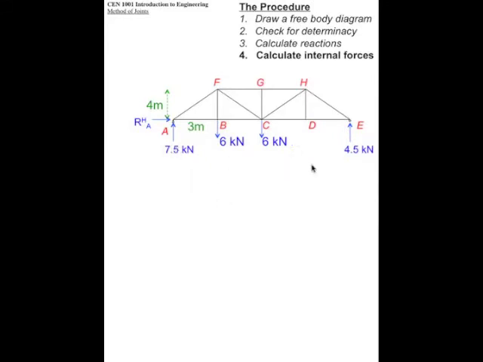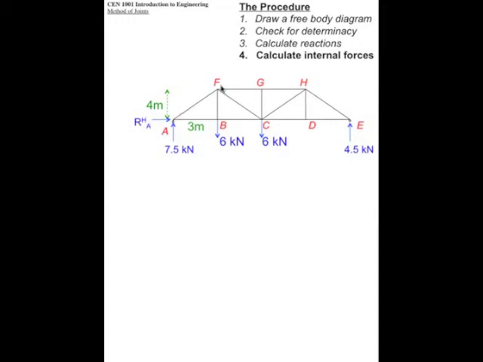So here we are. Now we can start isolating joints and calculating forces. I didn't mention this before. The way that we choose which point to isolate next is by virtue of how many unknowns are connected to it. For example, if we choose point A right now, how many unknowns are there?